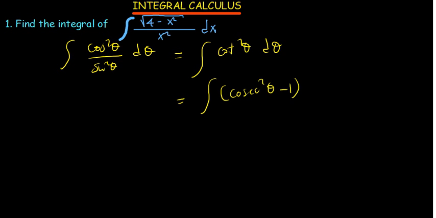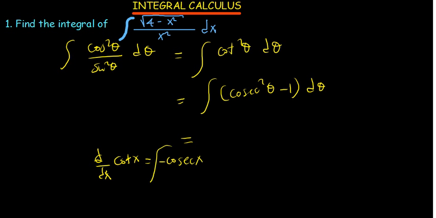So at this point, we know that d over dx of cot x gives us negative cosec squared.